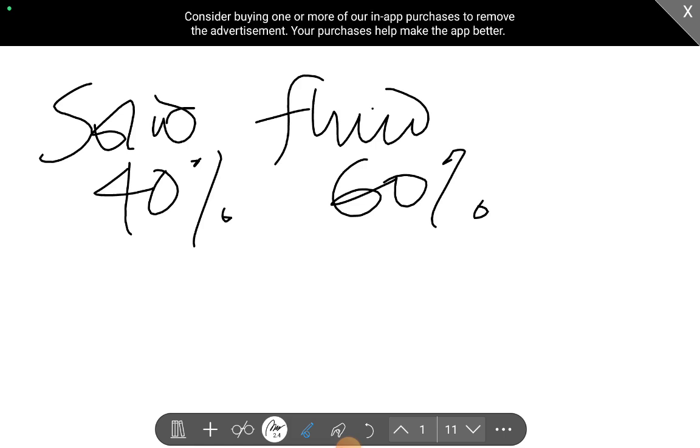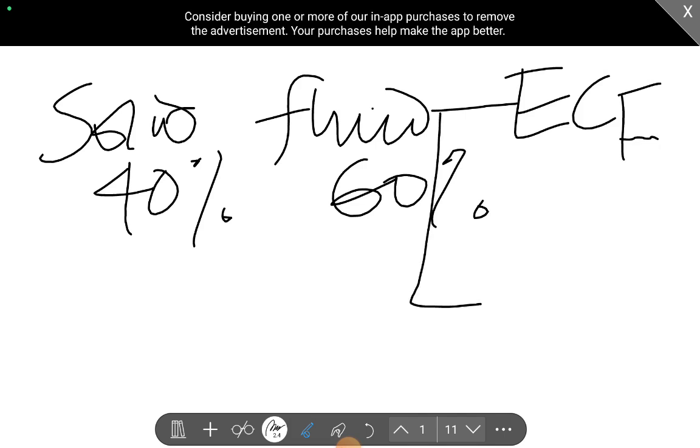So for the fluid, basically, we can say that it is made up of extracellular fluid and intracellular fluid. As the word implies, intracellular fluid is the fluid found within the cells, while the extracellular fluid is found outside the cell.